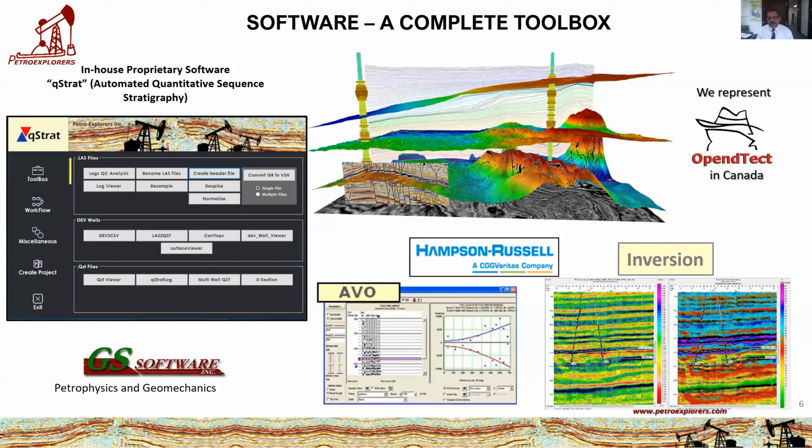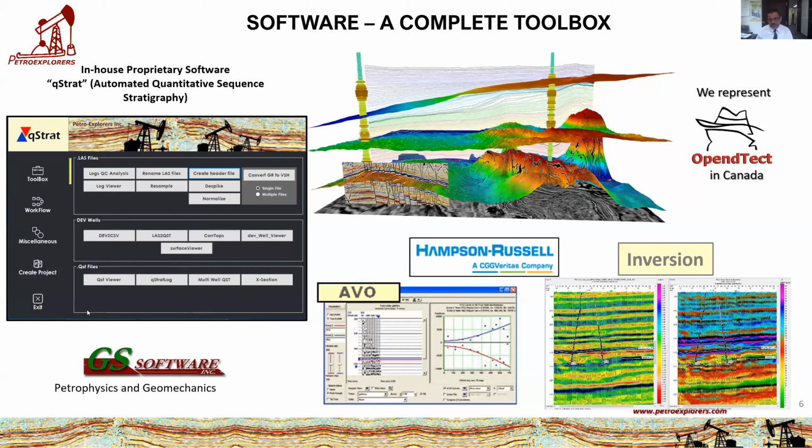We work with them as well as by ourselves, and sell the software. This is what we are developing, and anisotropy is part of it, along with development of the quantitative stratigraphy workflow, which is going to automate the stratigraphy or quantitative stratigraphy from the well data up to the seismic.